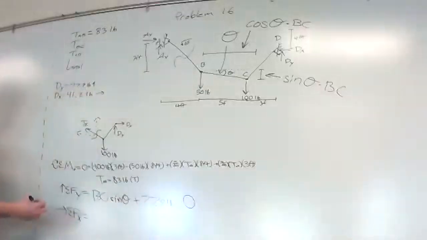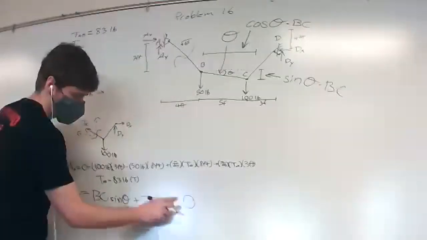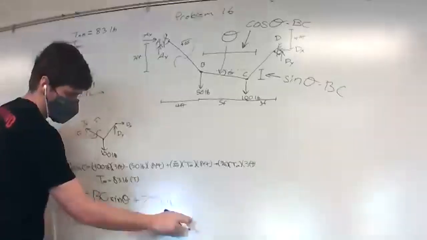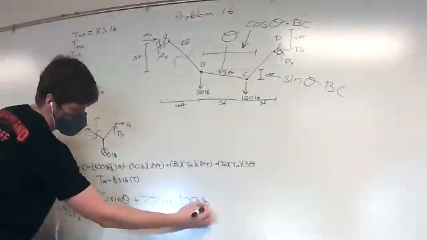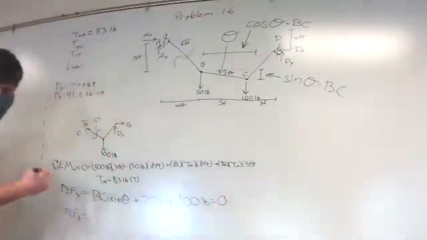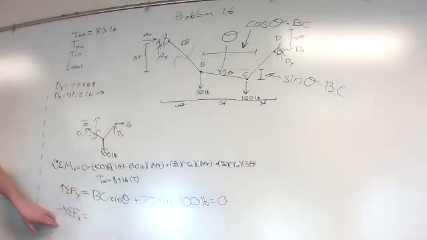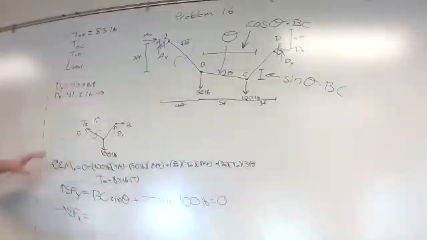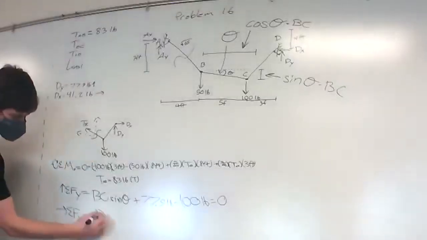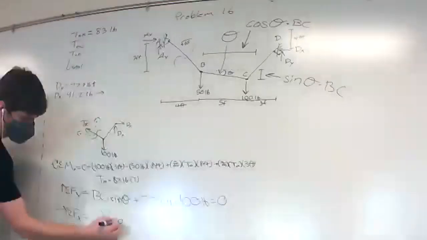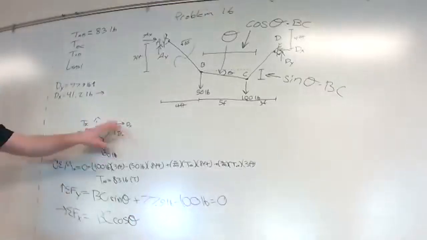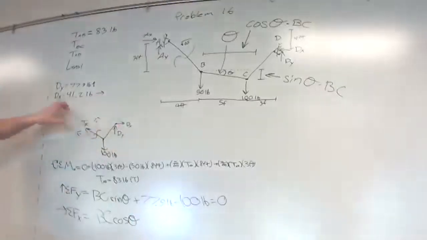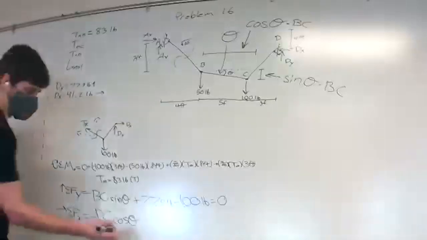Minus 100, right? Yes. Sorry. Minus 100 pounds equal to 0. So the sum of the forces X is going to be the X component of TBC. Since we assume tension, that's going to be left. So we're going to have to say minus BC cosine theta. And then we know Dx is going to the right. So that's going to be plus 41.2.